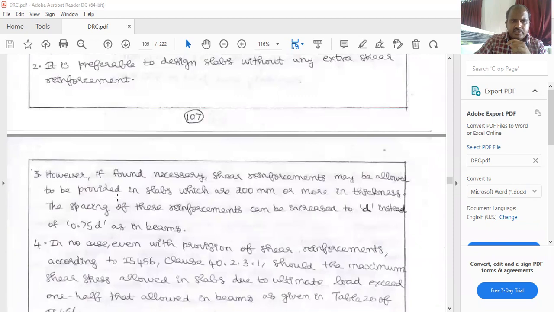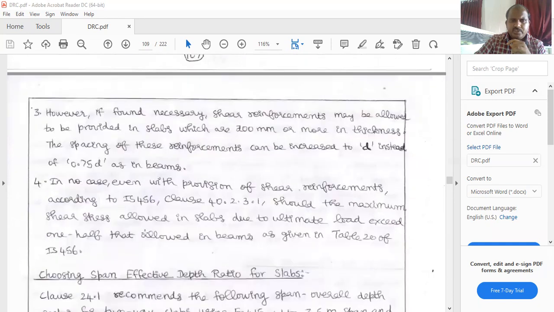However, if found necessary, shear reinforcement may be provided in slabs which are 200 mm or more in thickness. The spacing of the reinforcement can be increased to D instead of 0.75 D as in beams.